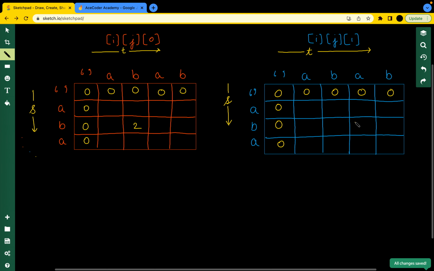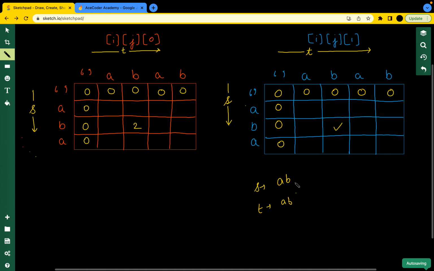So if we are standing at this index and this index, firstly look at this particular index. What does this mean to us? The string from S will be AB, and the string coming from T will be AB.